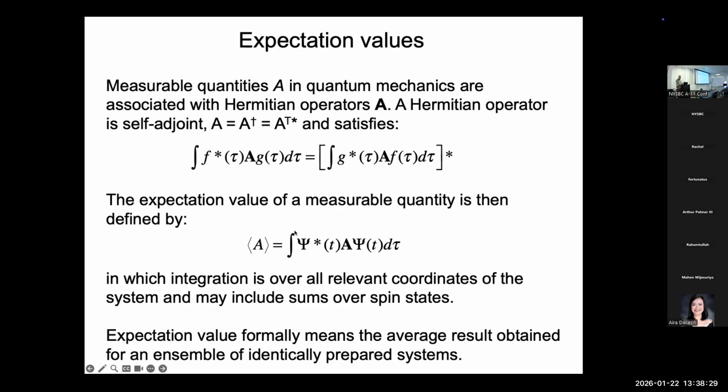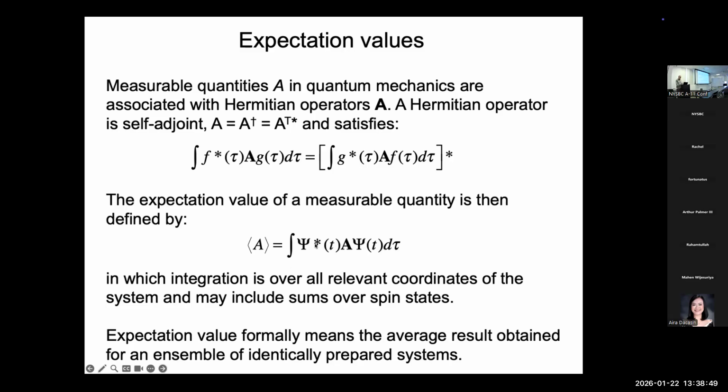Why this is all important is, again, we want to measure something, and quantum mechanics says the way you measure something is to do this integral. The operator acts on the wave function that generates some new function.